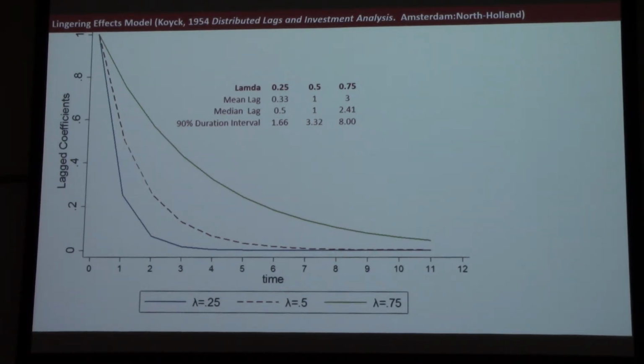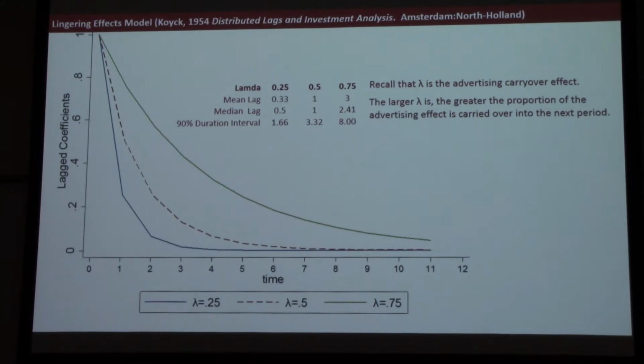Here we're saying there's an initial impact and then that effect decays over time. So it really depends on what we see from the unrestricted advertising lags. Is this making sense? Yeah. This is a really cool model.